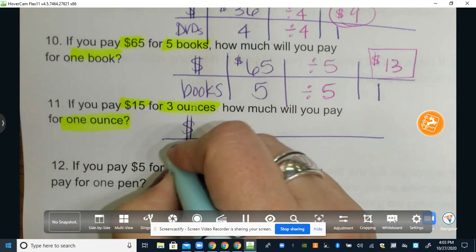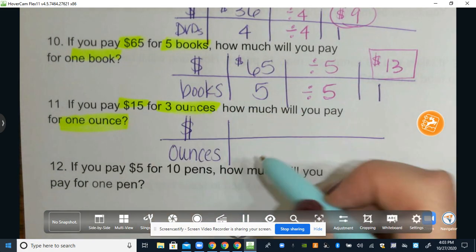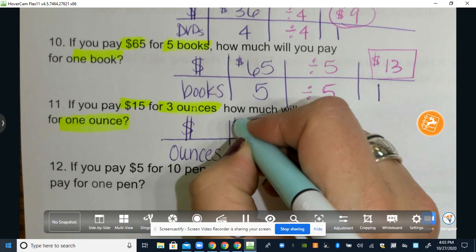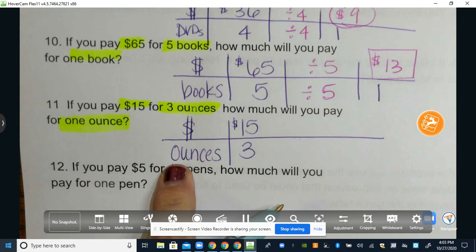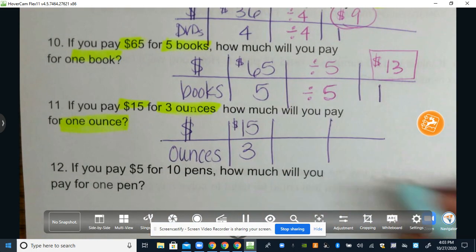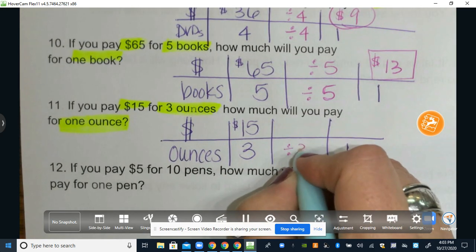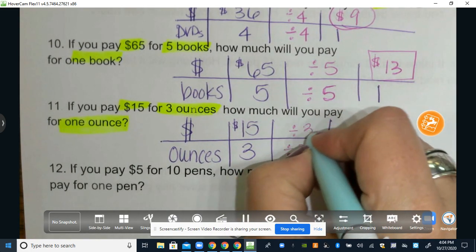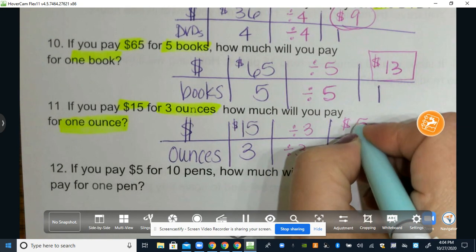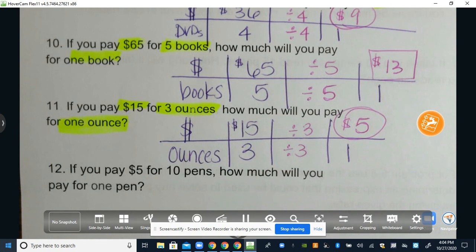Then ounces on the bottom. 15 goes on top with the dollars, and 3 goes on the bottom with the ounces. I need to get to 1 ounce. 3 divided by 3 gives me 1. If I take 15 and divide it by 3, I get a total of $5 per ounce.